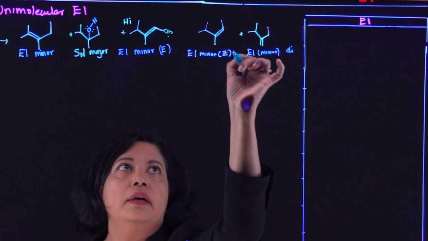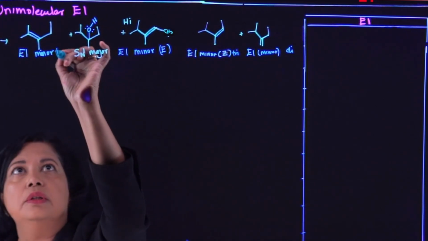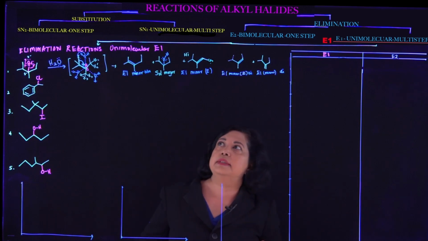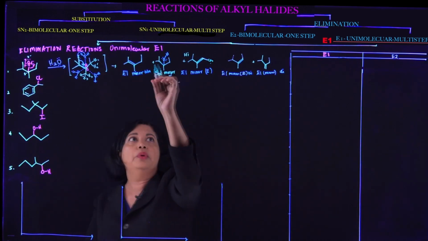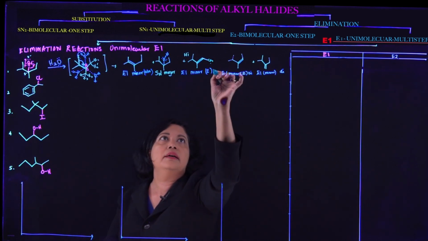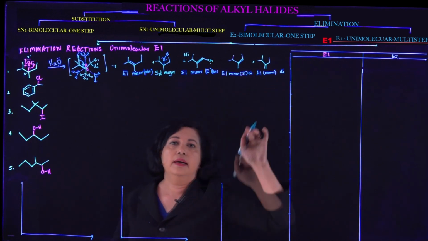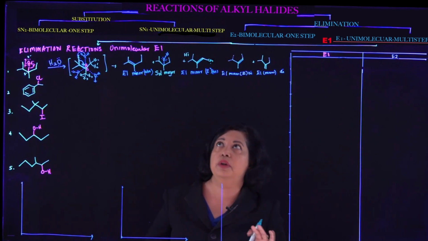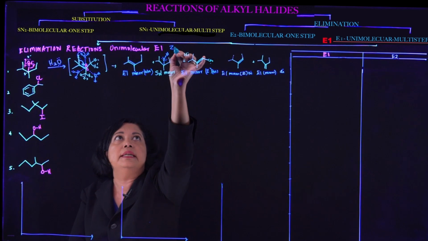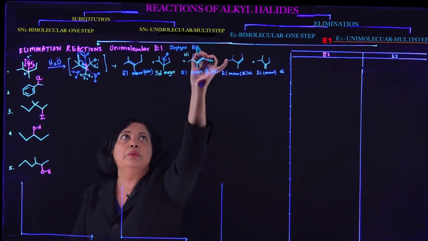This is tri, and this is tetra. And Zaitsev rule says tetra would be more than tri, and tri would be more than di. And that's always true. It's always going to be Zaitsev for E1. So I'm going to put Zaitsev rules.